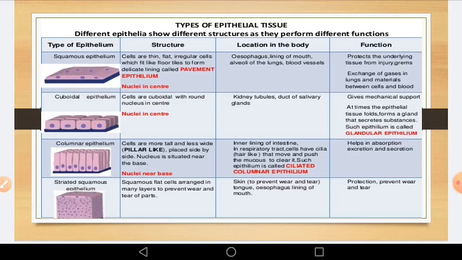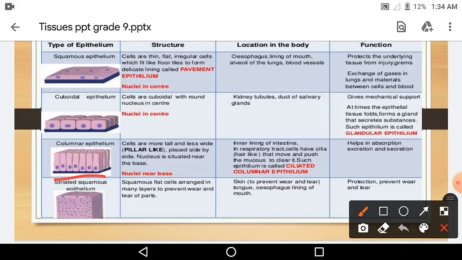Next is columnar. Their cells are mostly tall and less wide. They are narrow, pillar-like, placed side by side, closely packed, and the nuclei are at the base. Here all the nuclei are at the base. Where are they found? Inner lining of the intestine and in the respiratory tract. Some cells have cilia. Cilia means hair-like structures.